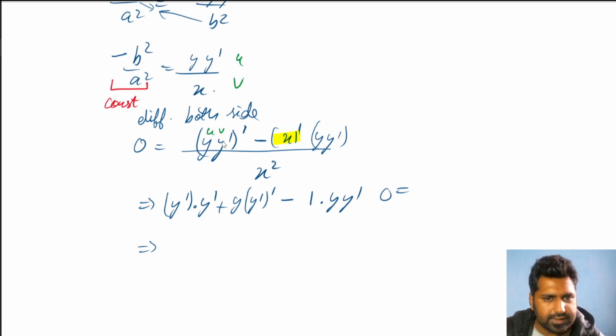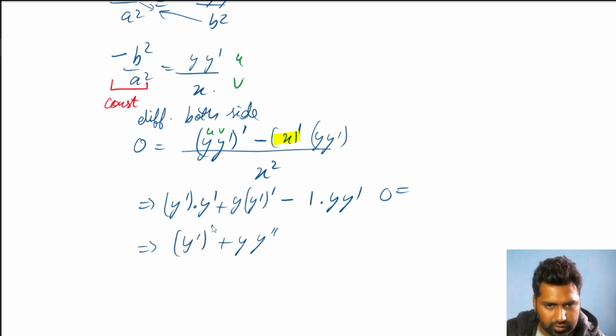We applied uv on this. First differentiation of y, that is y dash, into v as it is, that means y dash as it is, plus this time y as it is, and differentiation of y dash. Differentiation of y dash means we are differentiating 2 times, that is nothing but y double dash. This is y dash, this is also y dash, both are y dash, so I can say this is y dash whole square minus y dash.